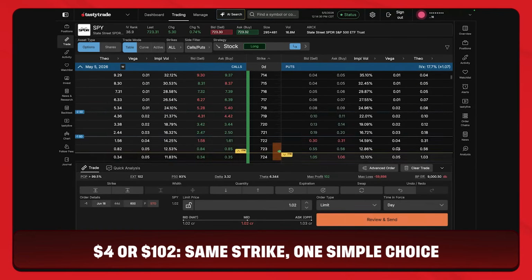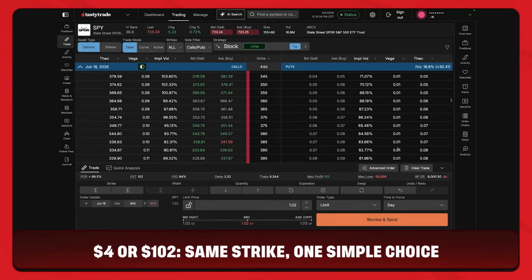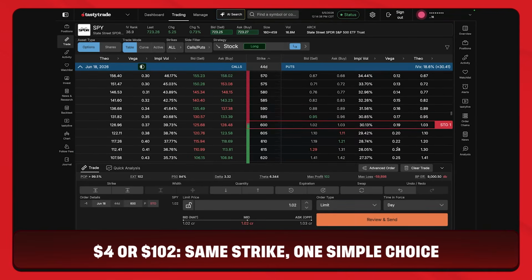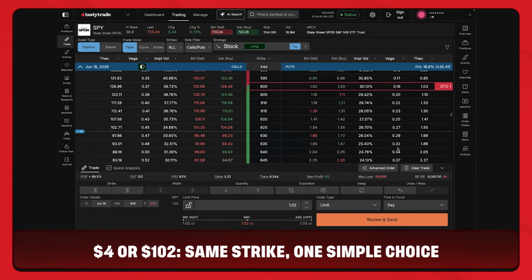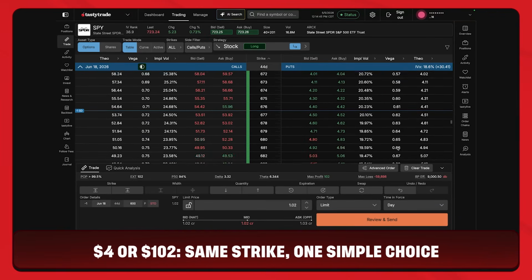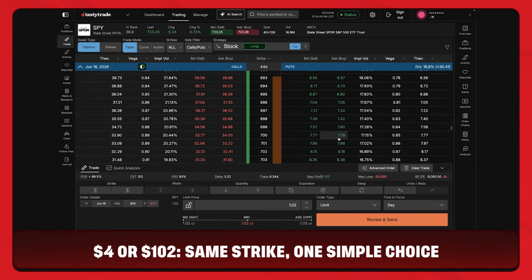Let's go to the 700s in here. 17.15%, 85 Vega. Look at that 85 Vega as opposed to zero.